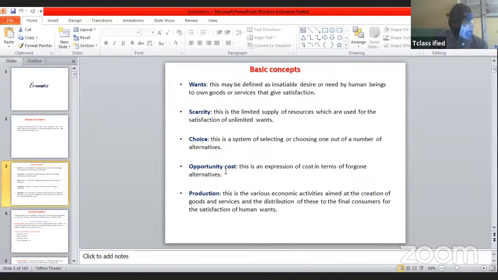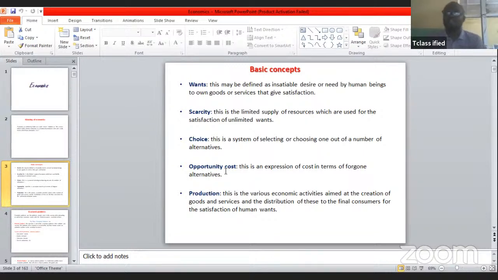It is limited. That's why when we say fuel scarcity, it simply means that fuel is not everywhere. The amount of fuel in the market is limited. So when something is available in a small quantity, we call it scarcity.